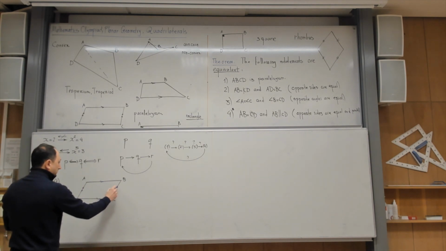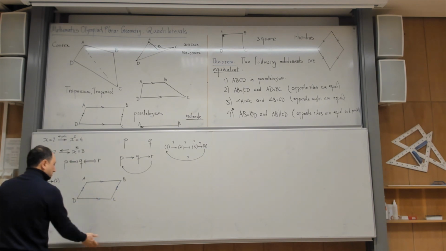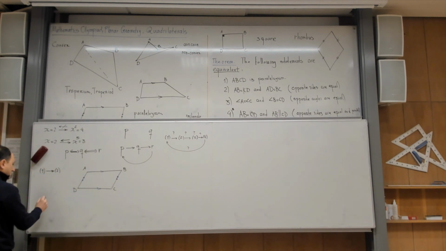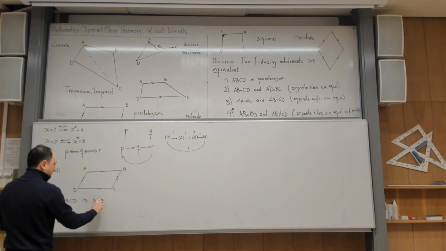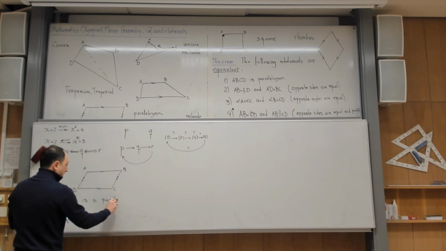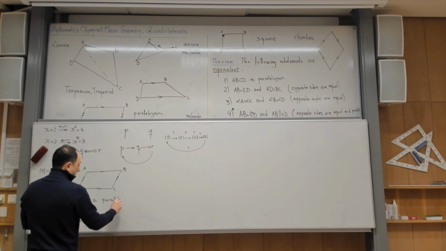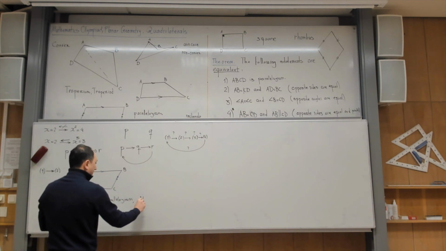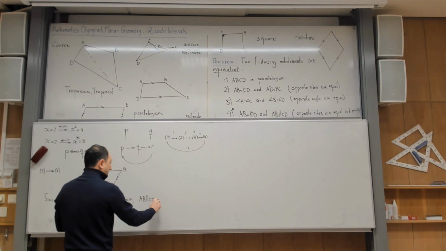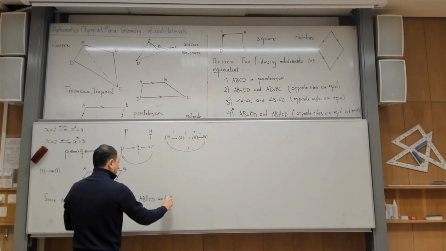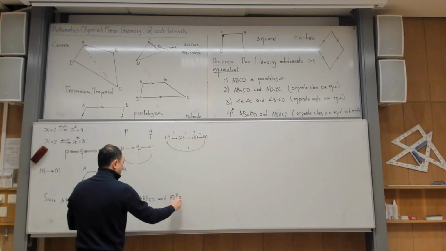If I want to be very careful, I would say that since ABCD is a parallelogram, AB is parallel to CD, and AD is parallel to BC.